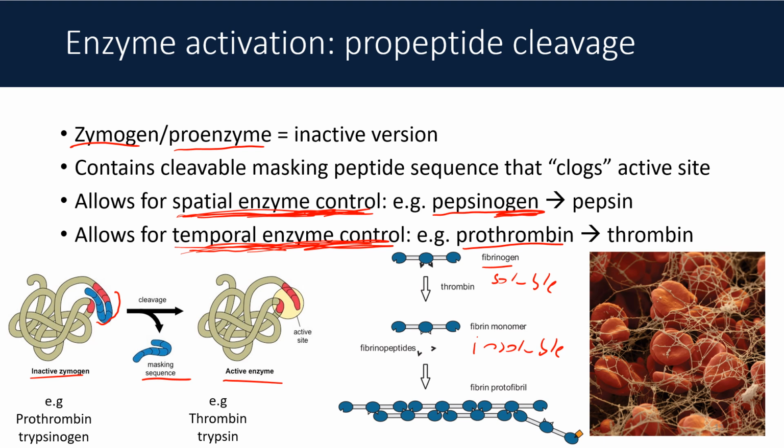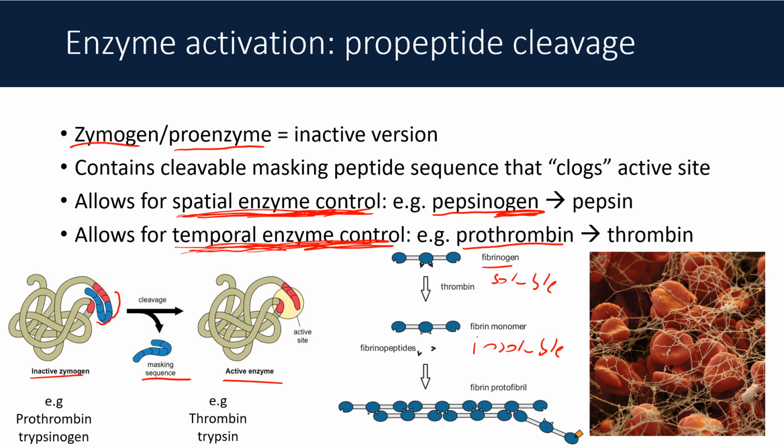therefore stopping bleeding. If thrombin didn't have this propeptide in place, we'd be in a lot of trouble because either our entire bloodstream would be one giant clot, so we wouldn't be able to survive, or we'd have to wait to make thrombin and circulate it in response to trauma, which is going to take a long time and risks us bleeding out before we can patch up the clot.